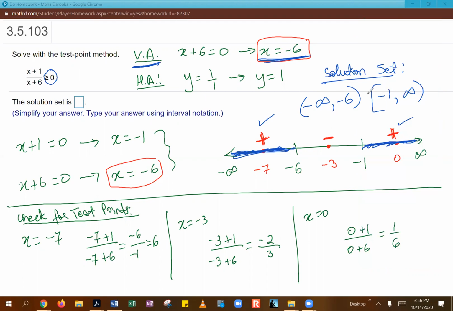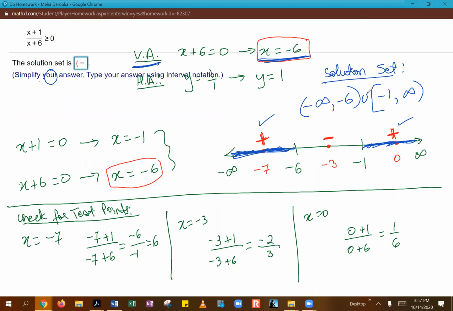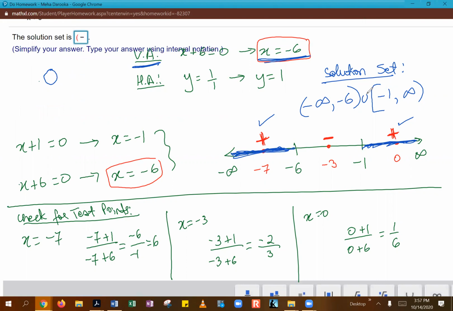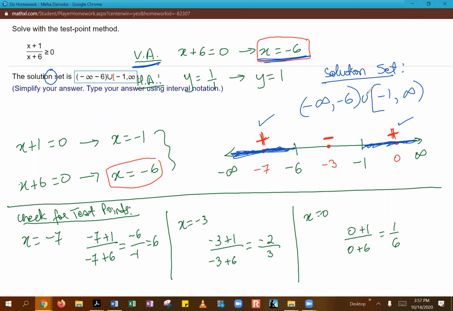So include the -1, but do not include the -6. So be very careful, because these are rational functions. They behave a little bit differently than what we have seen with our other functions here. So -∞ to -6 union, including -1 to +∞.